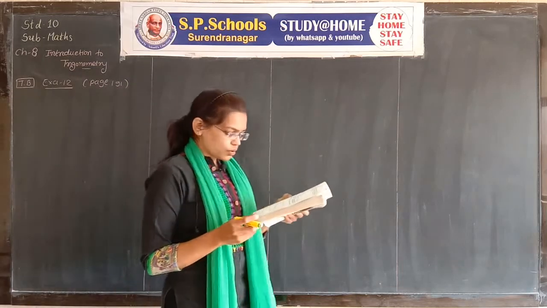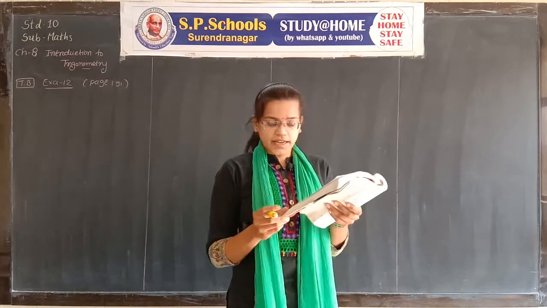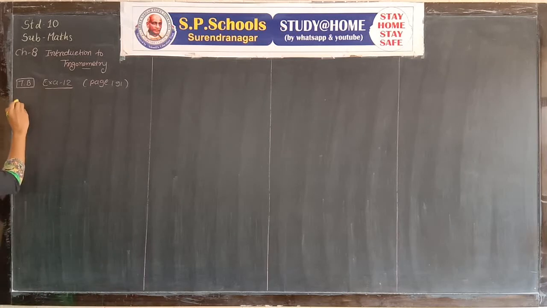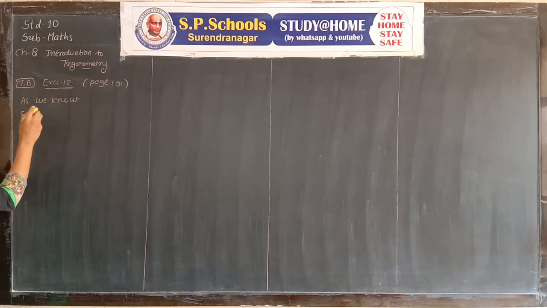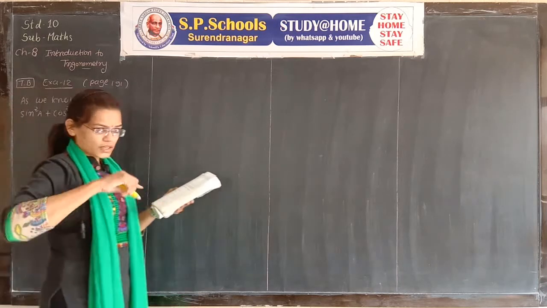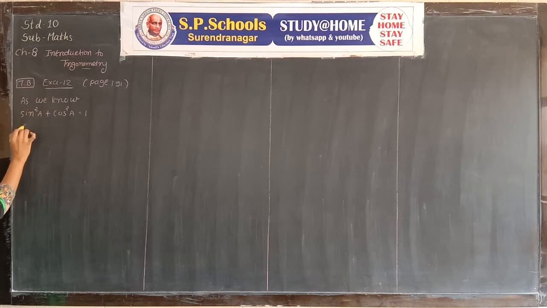express the ratios cos A, tan A and sec A in terms of sin A. As we know, the identity sin square A plus cos square A is equal to 1. We need to find cos in form of sin, so first of all we have to make cos square the subject.